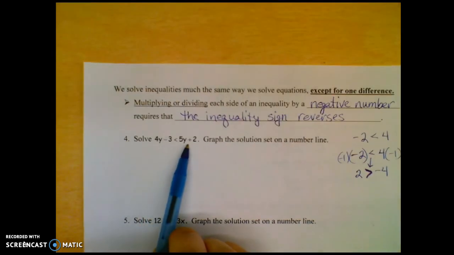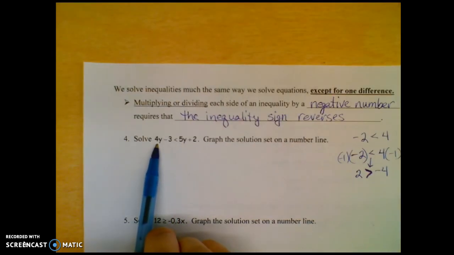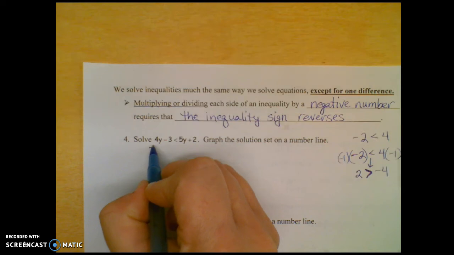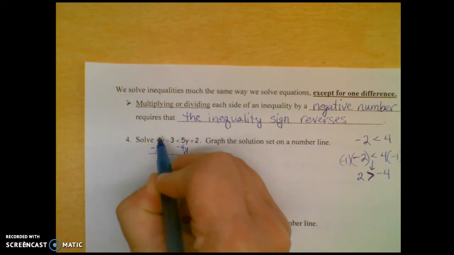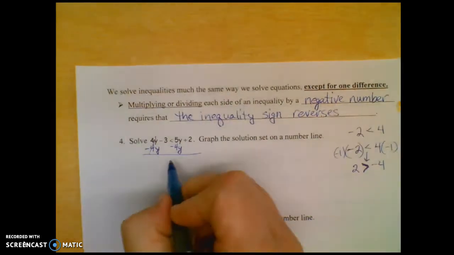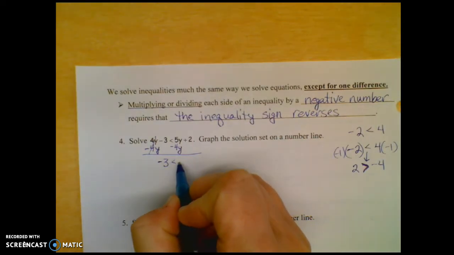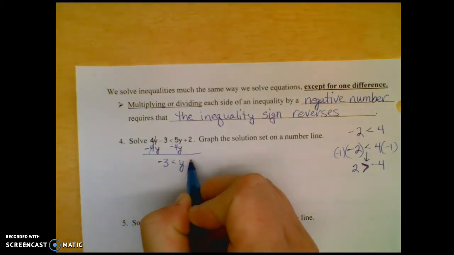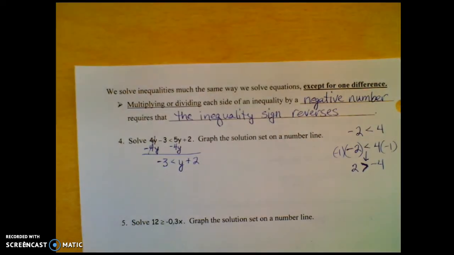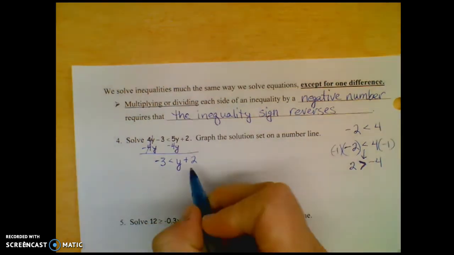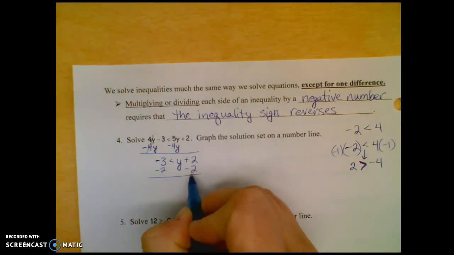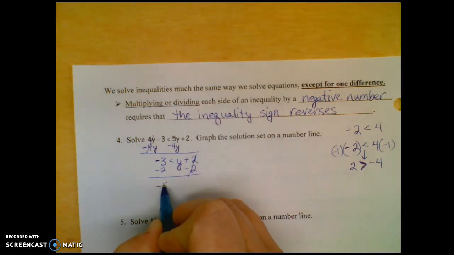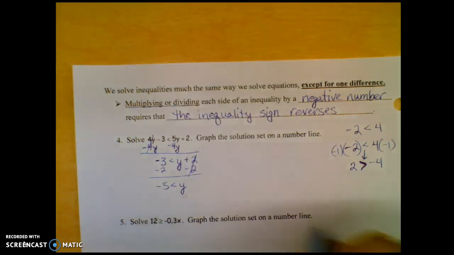So here we have one where we have a variable on both sides. So I'm going to subtract 4y from both sides, just like I was solving an equation. And I would get -3 is less than 1y plus 2. And I'm going to subtract 2 from both sides. So I get -5 is less than y.